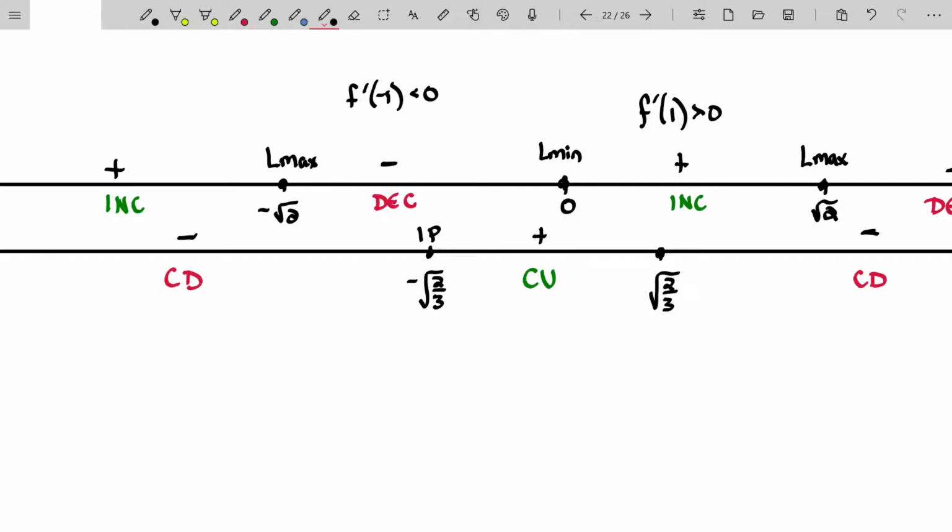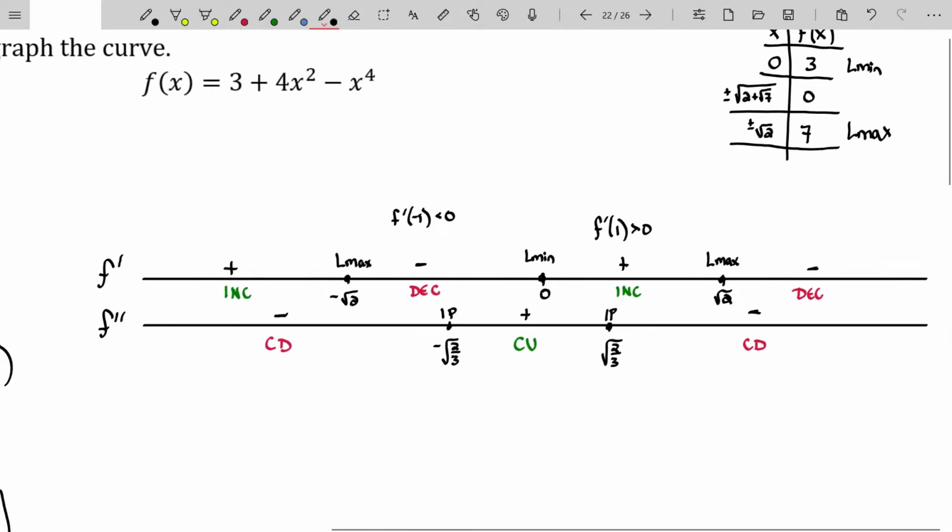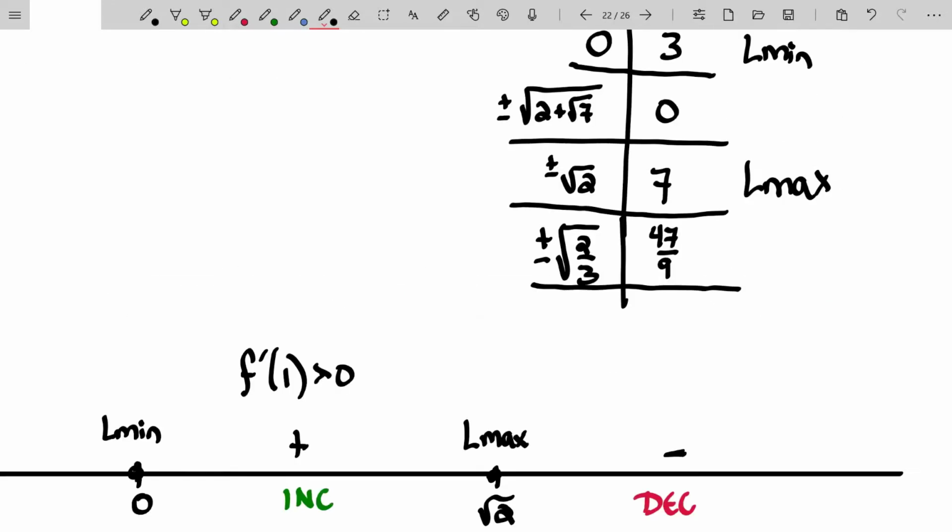So we have an inflection point here and an inflection point there. Again, I just go here and I label the plus or minus root 2/3. We actually did the mathematics earlier, so I'm just going to write that in. I think that mathematics was 49/7, but I could be wrong. Maybe it's 47/9. And I was wrong. It was 47/9. So there we go.